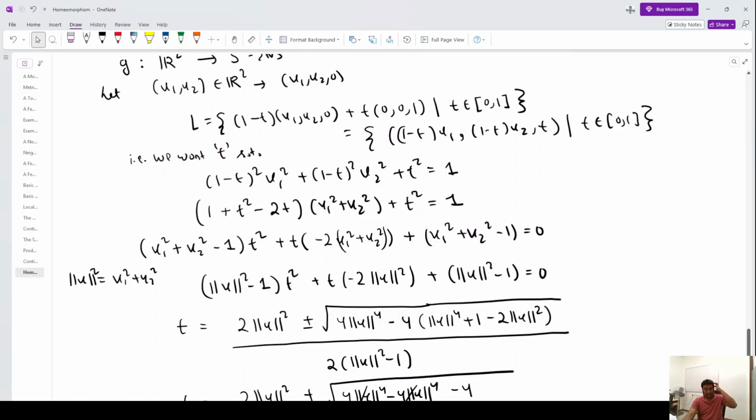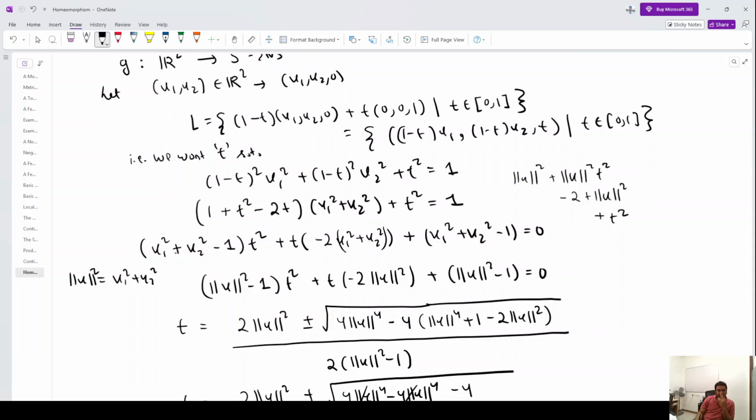So I should have put here only norm x square. So norm x square plus norm x square t square minus 2t norm x square, plus t square.